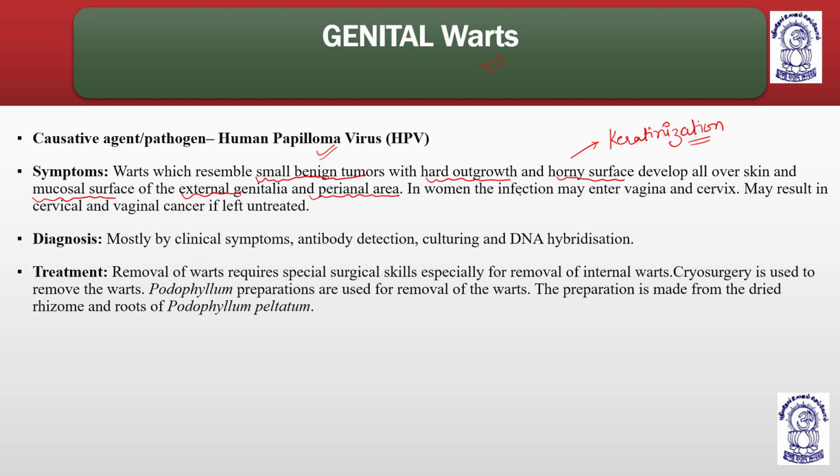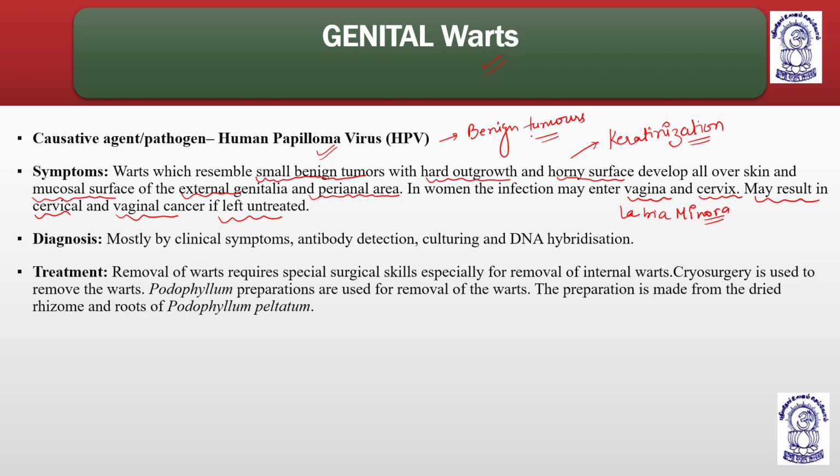In women, the infection may enter the vagina, cervix, labia minora, and may result in cervical and vaginal cancers if left untreated. The human papilloma virus helps to produce benign tumors, whichever site it is present in.